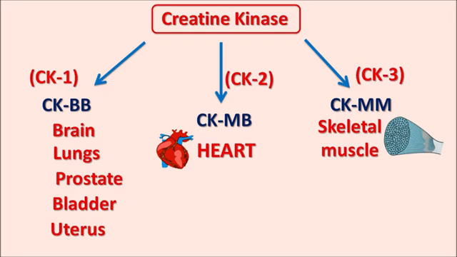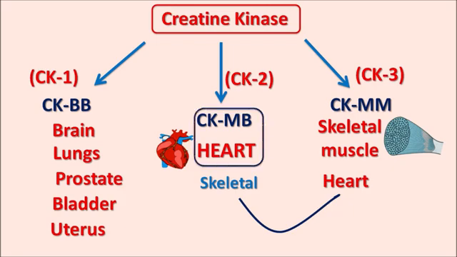So these are the three isoforms of creatine kinase, where CKMB is mainly present in the heart, but a small amount of CKMB is also present in the skeletal muscle. Similarly, a small amount of CKMM is also present within the heart. So we can observe these two enzymes within the heart as well as skeletal muscle. But because of more specificity and abundance, CKMB is more specific to the cardiac muscle, and the levels of CKMB detected within the blood are mainly related to cardiac muscle damage.